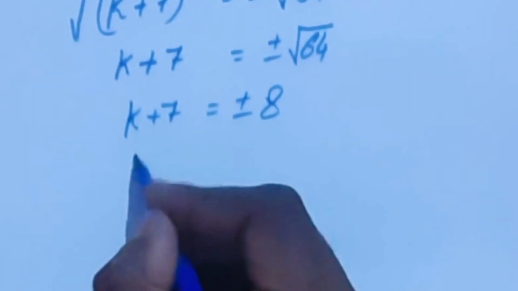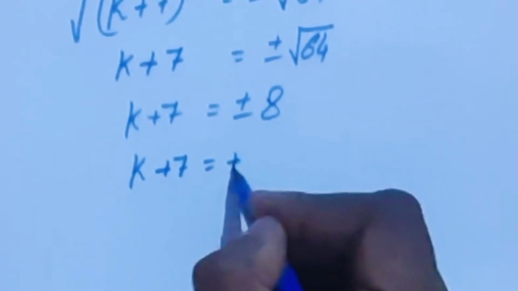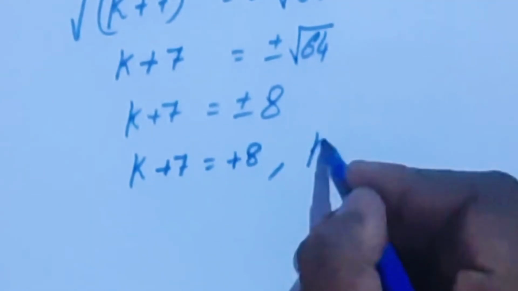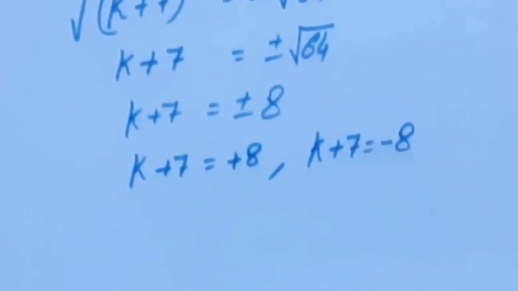Now here we have two equations. One is k + 7 = +8, the other is k + 7 = -8.